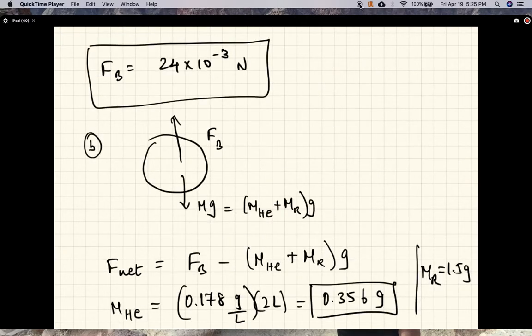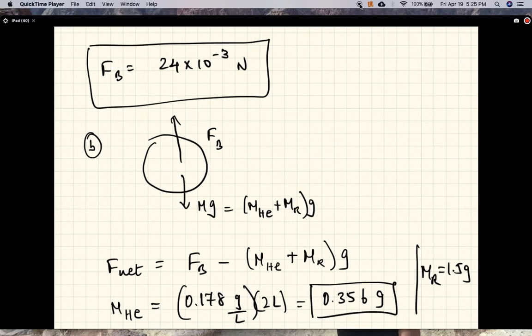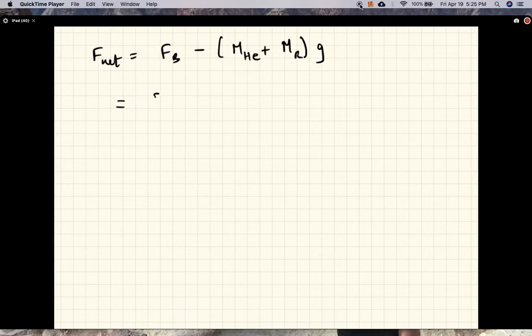All right, let's add another page. So the net force is the buoyant force minus the mass of the helium plus the mass of the rubber times g, and the buoyant force is 24 times 10 to the power of minus 3 newtons.